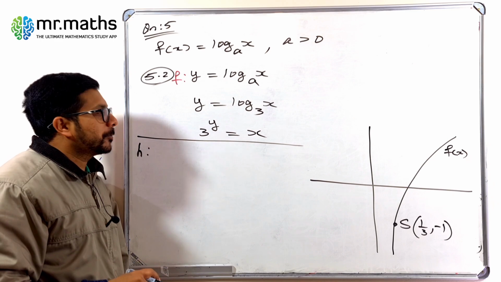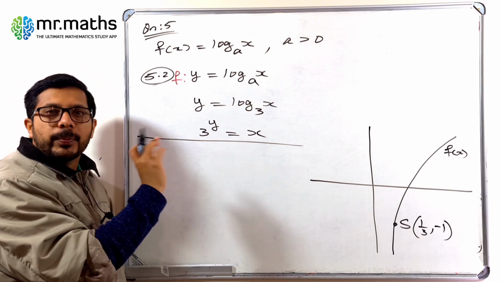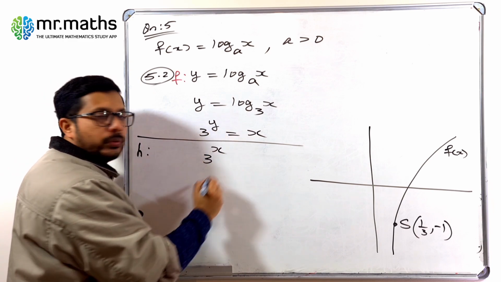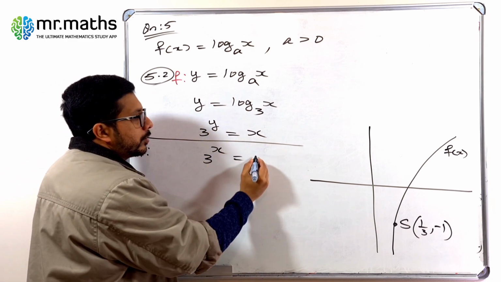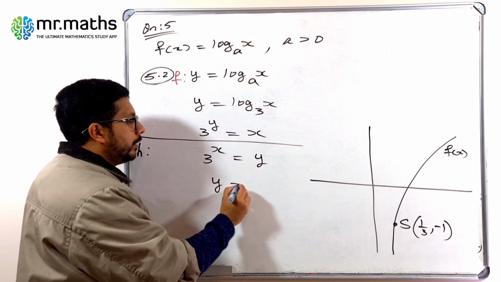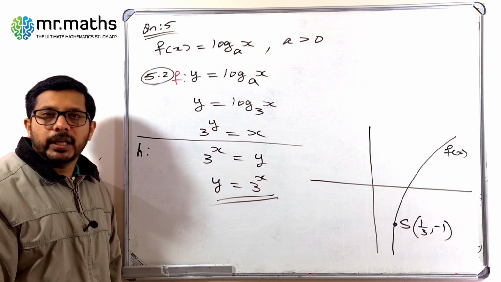You have to swap x and y. So this y becomes x, that is 3 raised to x is equal to, and this x becomes y. So it means that y is equal to 3 raised to x. This is the equation of h of x.